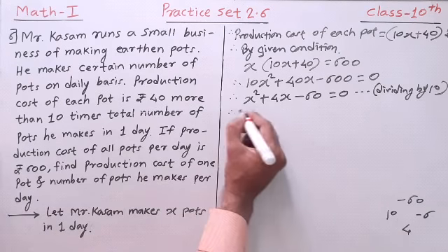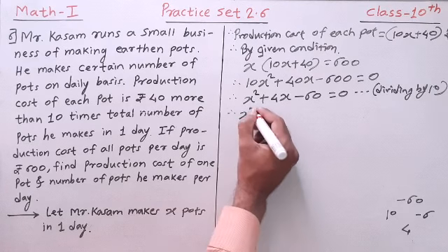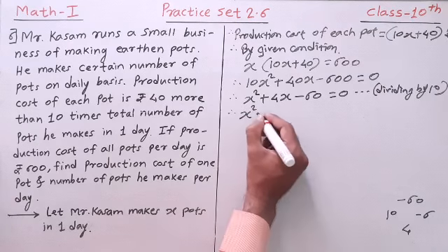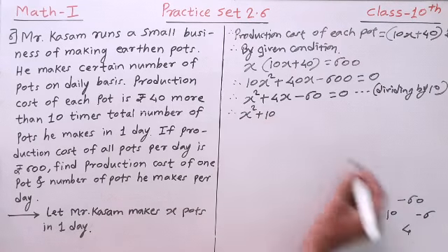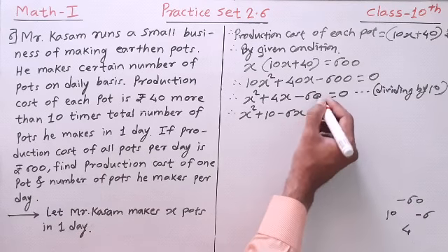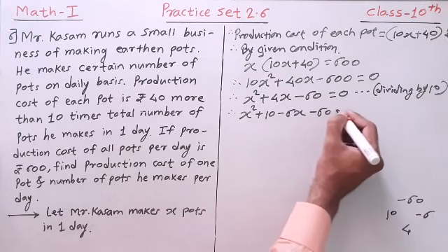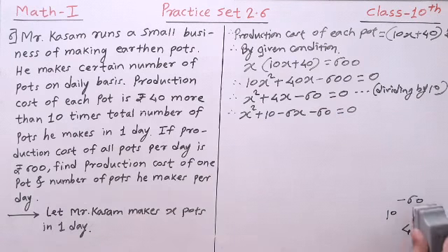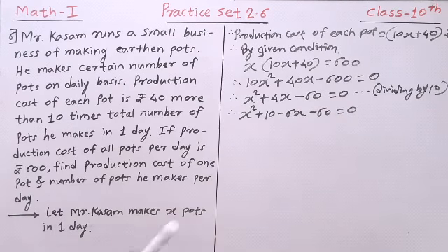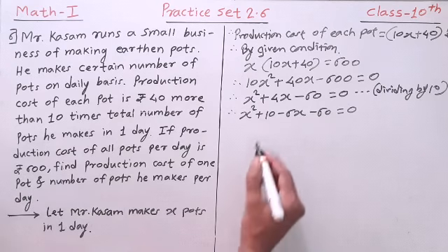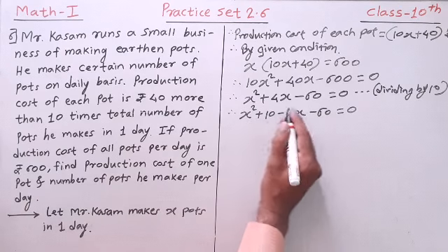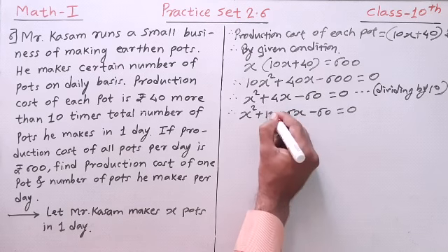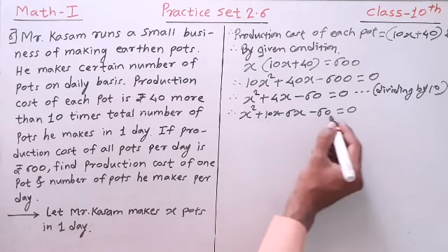Let us split the middle term. The first term will be as it is, x square plus 10x minus 6x minus 60, and the last term as it is, equal to 0. In this way, we have factorized the middle term. Now let us make groups of two terms.